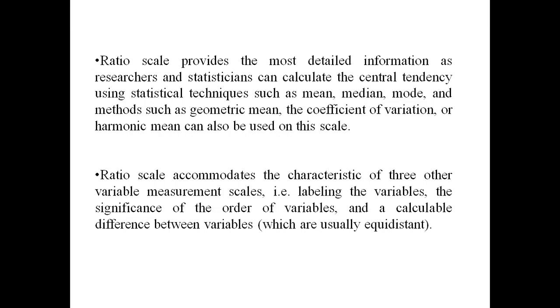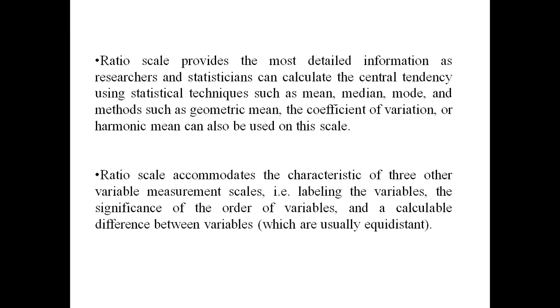Ratio scale provides the most detailed information, as researchers and statisticians can calculate the central tendency using statistical techniques such as mean, median, mode, and methods such as geometric mean and the coefficient of variation.